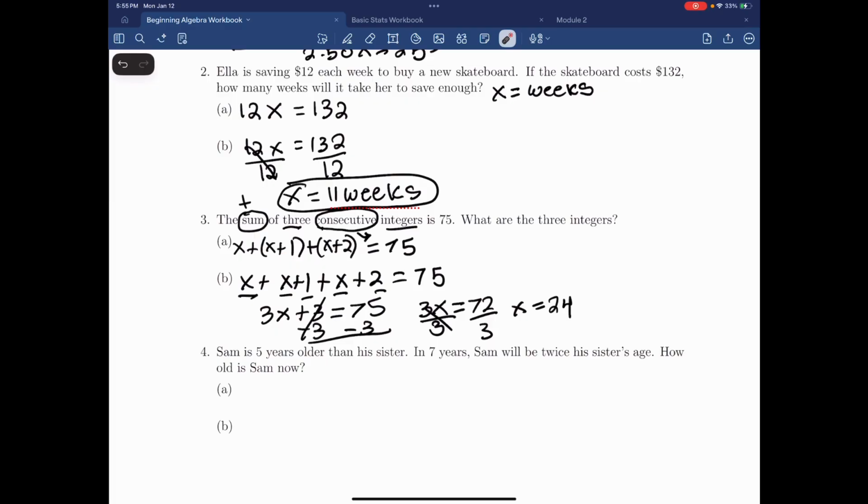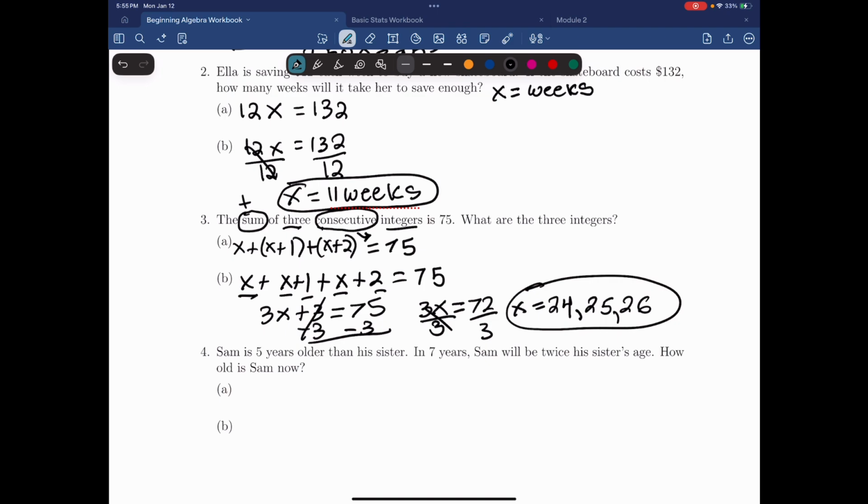Now recall the second goes up by a value of 1 and the third goes up by a value of 2. So our second consecutive integer is going to be 25, because it goes up by a value of 1. And then our third is going to go up by a value of 1 from 25, or up by a value of 2 from 24. So the third one's going to be 26. And those are your consecutive integers.